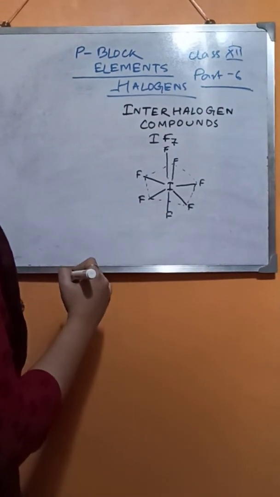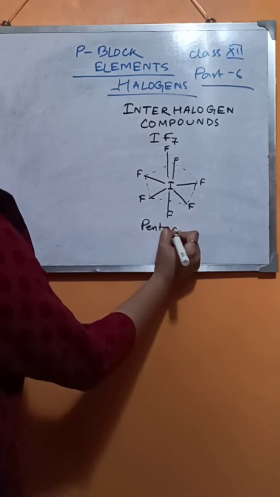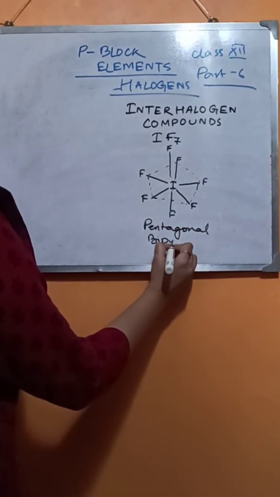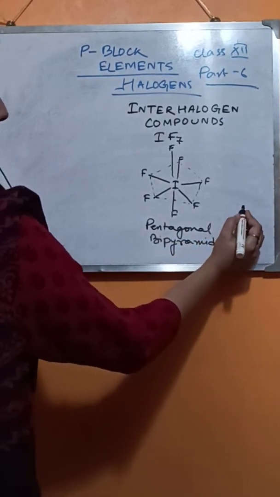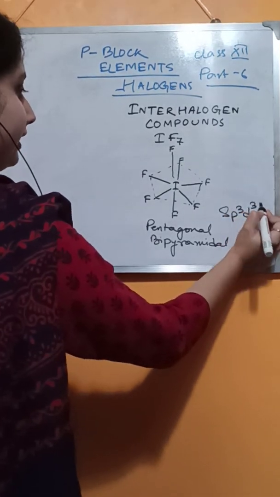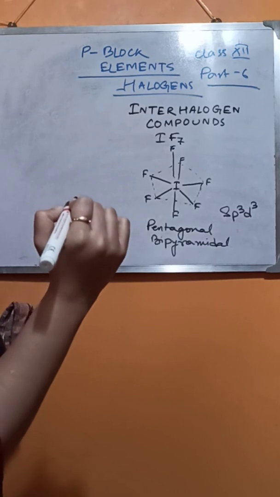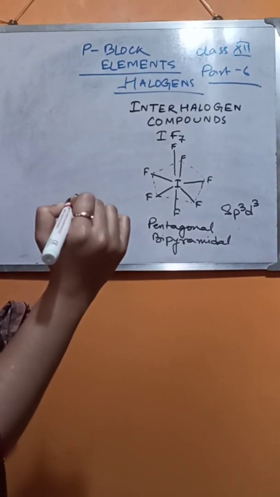The structure you can see is pentagonal bipyramidal, and the hybridization is sp3d3. This is of IF7.